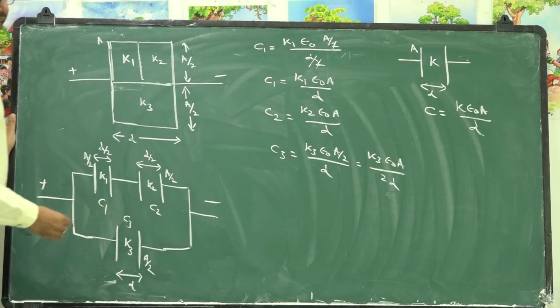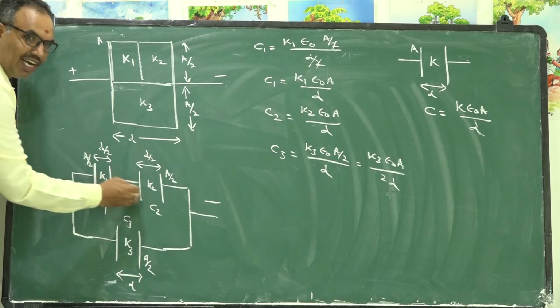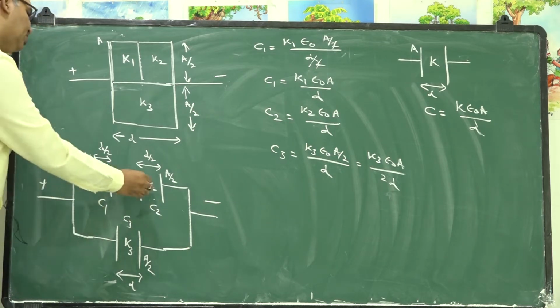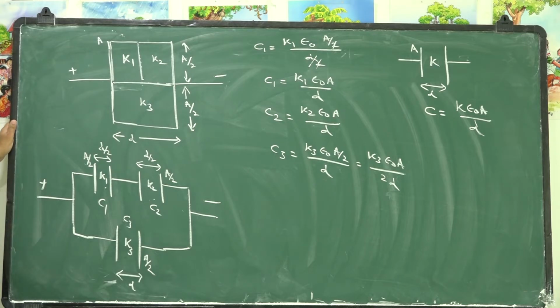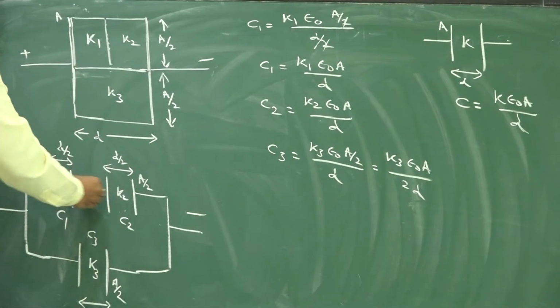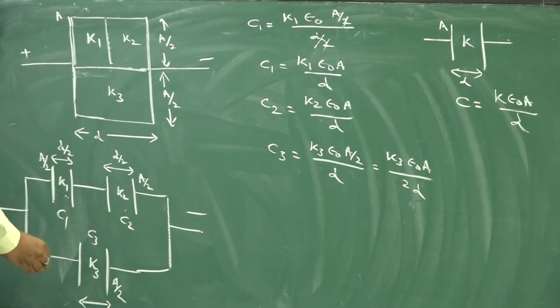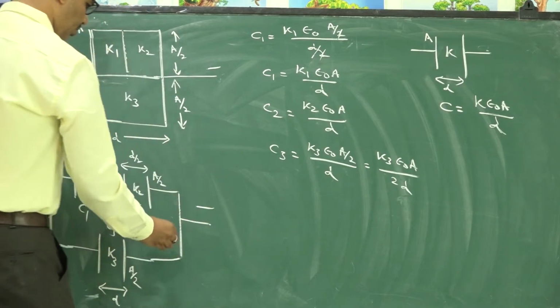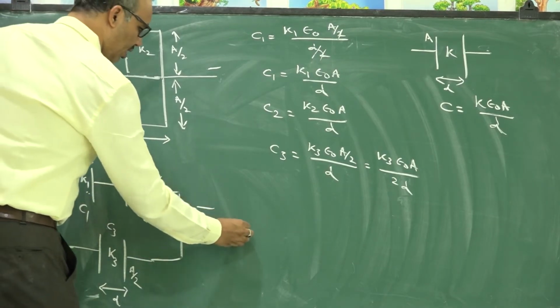If you observe clearly, these two capacitors are connected in series. In series combination, the effective capacitance is given by C1 C2 by C1 plus C2. In parallel combination, the effective capacitance is given by C1 plus C2. So first let me take the resultant of these two. As these two are connected in series, you can draw an equivalent circuit.